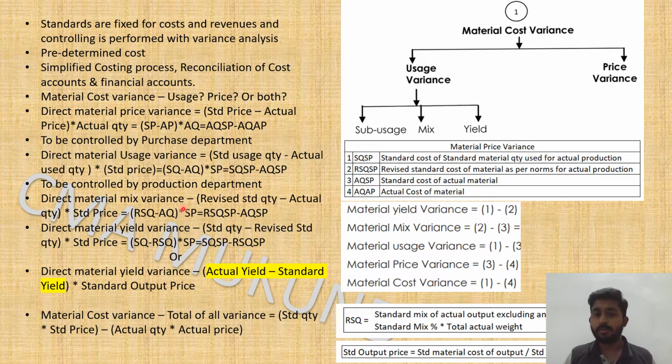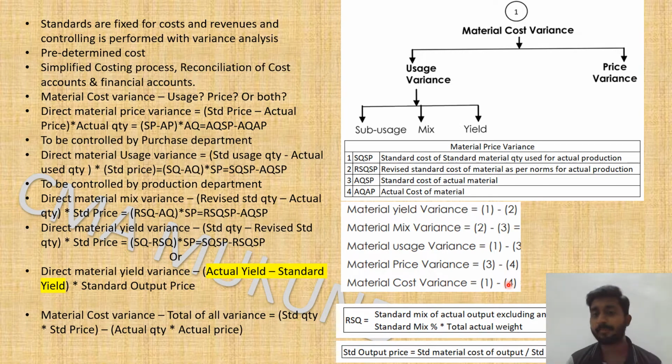Okay, so that is called mix variance, and here you have a new term called revised standard quantity. So what is revised standard quantity? Revised standard quantity is standard mix of actual output excluding any standard losses. So there will be an actual output.